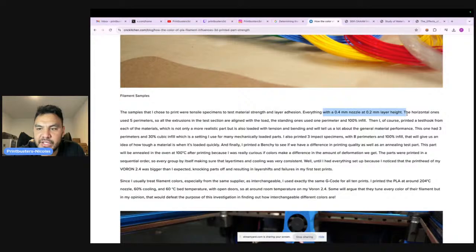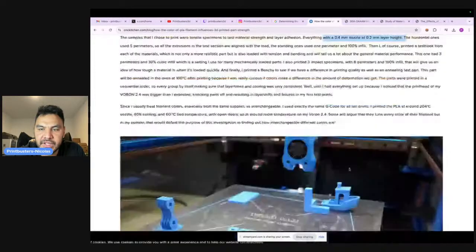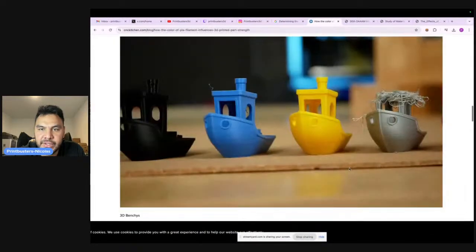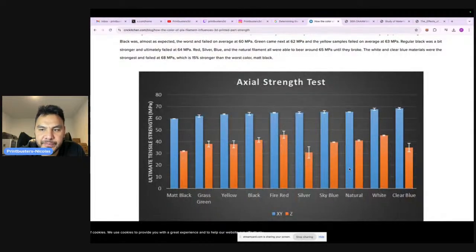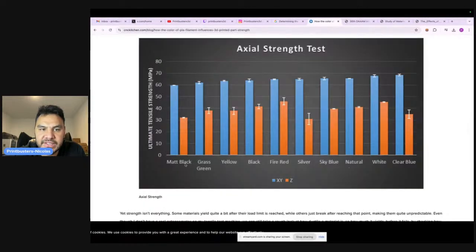Okay, so then after that he goes straight into the printing, and then what we notice is we have matte black, grass green. So the layer adhesion can change a lot depending on the silver and the matte black.